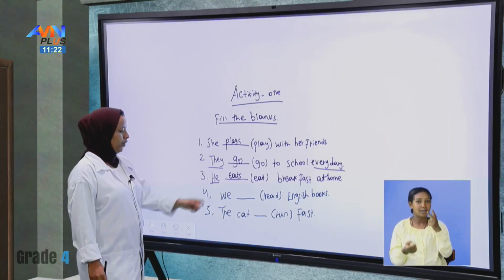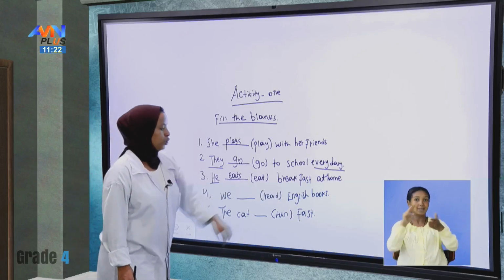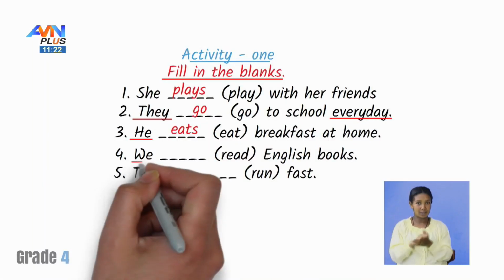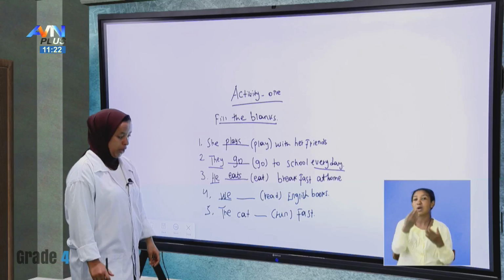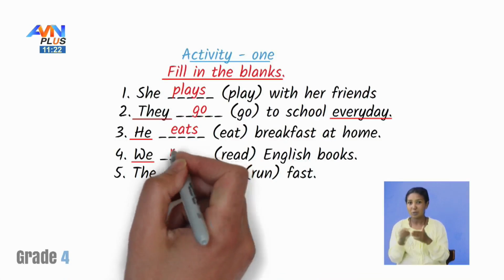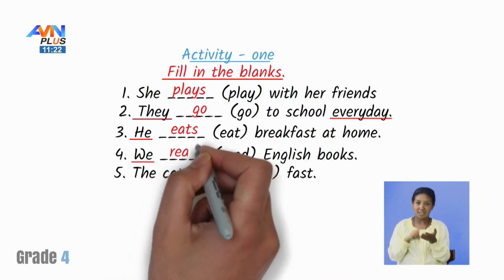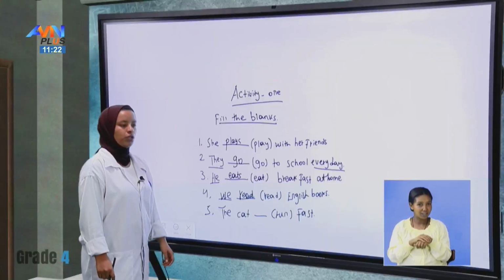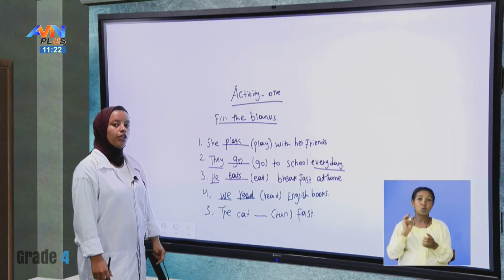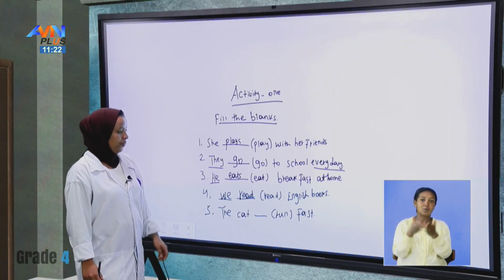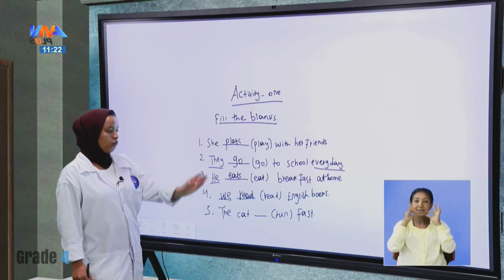Question number 4. We blank read English books. Here is a plural subject and pronoun, so easily take the verb read. We read English books. 5. The cat blank run fast.